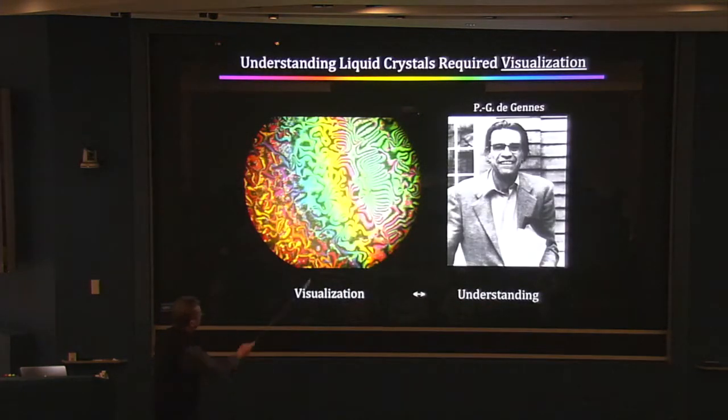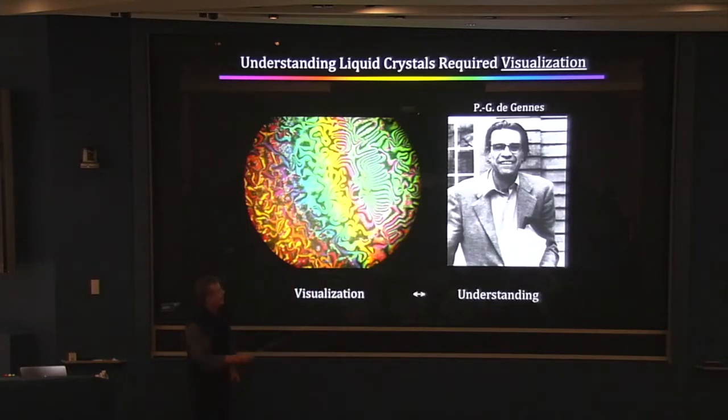Okay. This is Pierre-Gilles de Gennes. Liquid crystals were discovered in the 1890s. Cholesteric liquid crystals were discovered in the 1890s. Nobody could understand them or predict their properties or use them until de Gennes solved the problem in 1974, for which he subsequently received the Nobel Prize in Physics. So the key thing in solving the problem was genius.